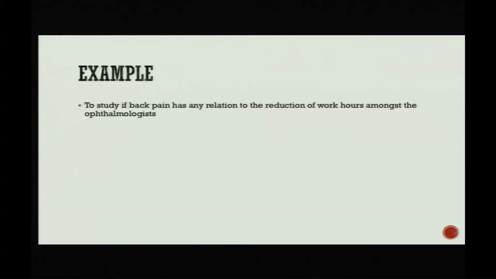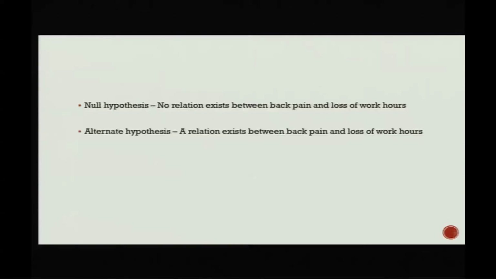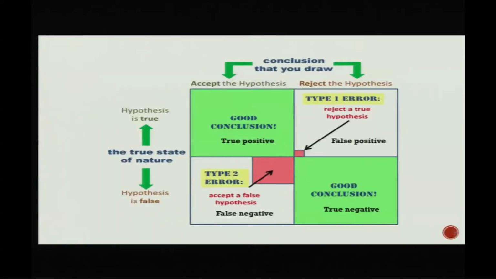So the null hypothesis is that there is no relationship between back pain and loss of work hours, and the alternative hypothesis is that there exists a relationship between back pain and loss of work hours. So what do you mean by alpha error? The alpha error is when the null hypothesis is actually true, but the conclusion drawn is a rejection of the null hypothesis. That is what is known as the alpha error.